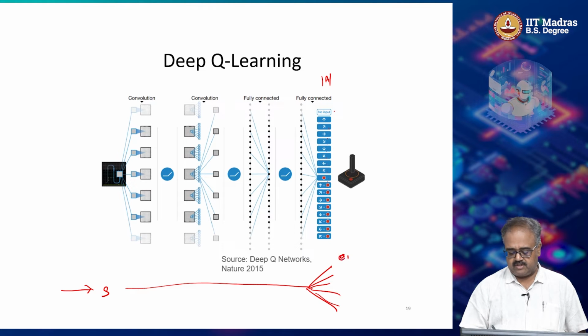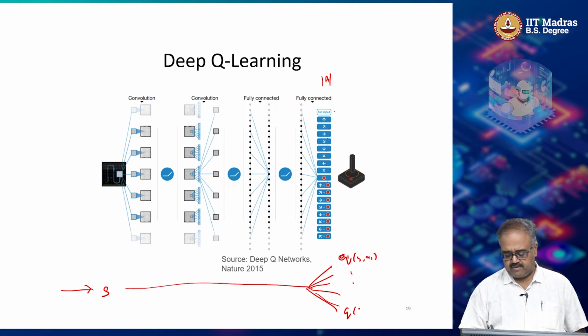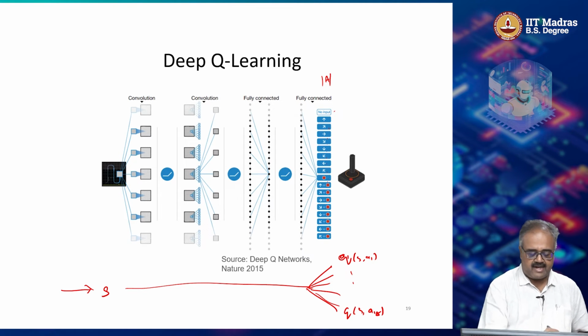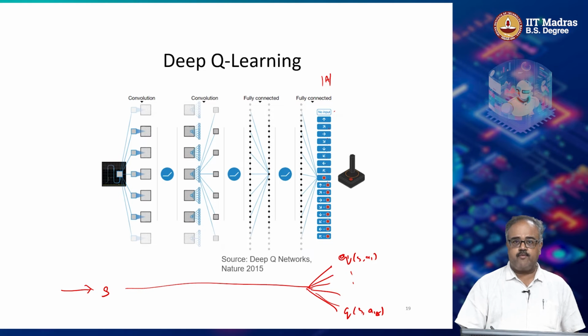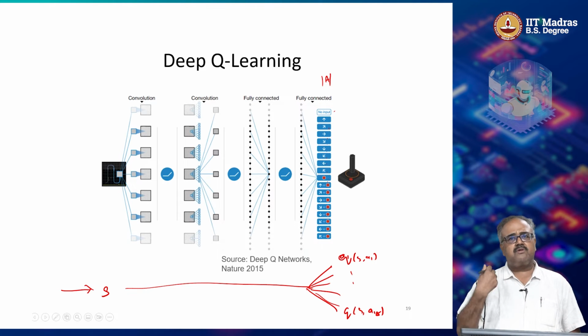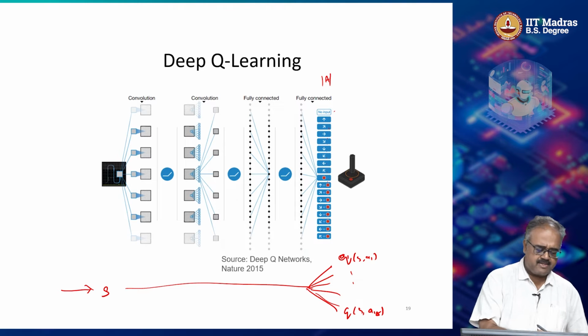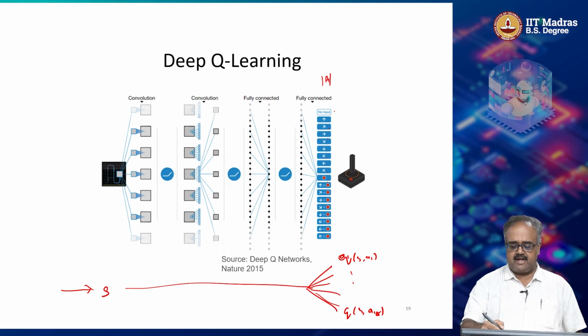So this will give you Q of S comma A1 all the way to Q of S comma A18. I could have fed in S and A and asked it to spit out the Q values, but since I will have to compute all the Q values anyway when I do the max over Q, I just feed in S and get all the 18 Q values at the output.